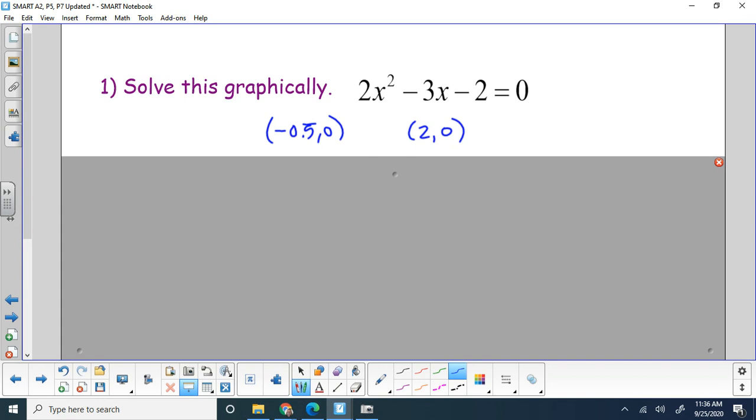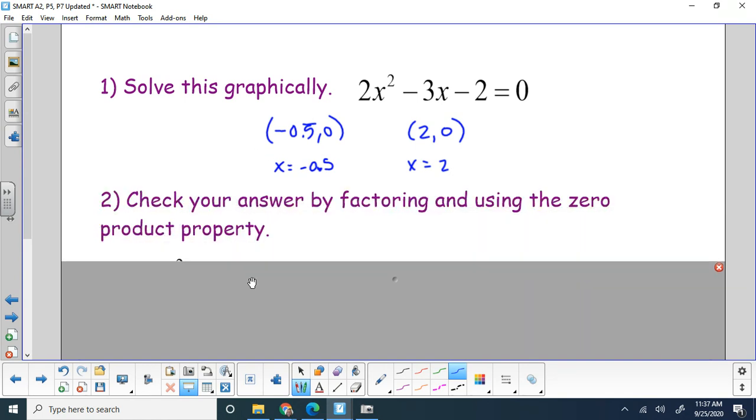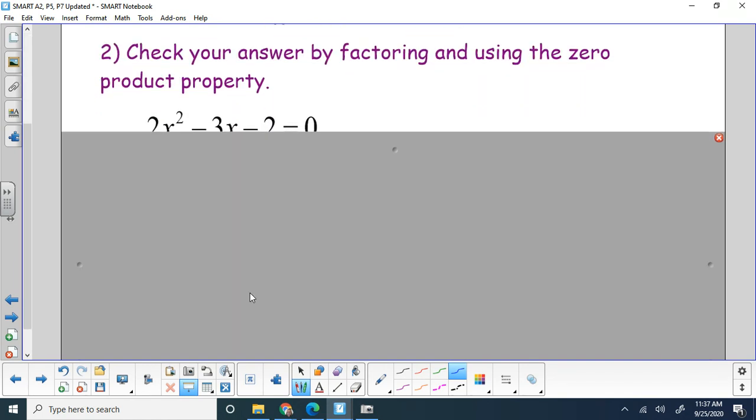Sometimes you will see students who will write this answer as x equals -0.5 and x equals 2. As long as you are noting that you are finding your solutions or your x-intercepts, you're fine to write your answer in either format.